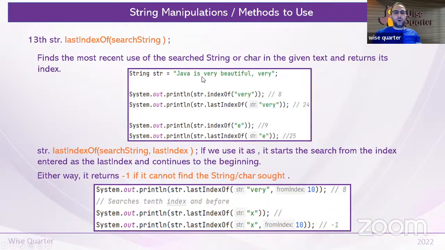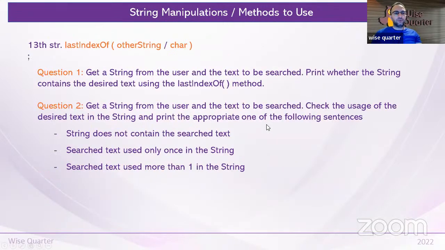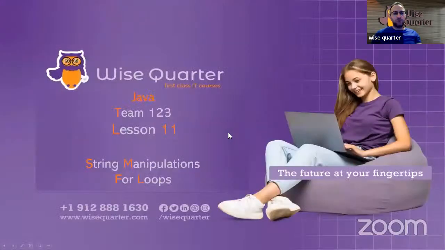But if there is more than one same value in it, if you start from the beginning, it will give you 8, and if you start from the ending, it will give you this very word's index value. If the result is -1, it means it wasn't able to find it. And we know that. I think we solved this question.